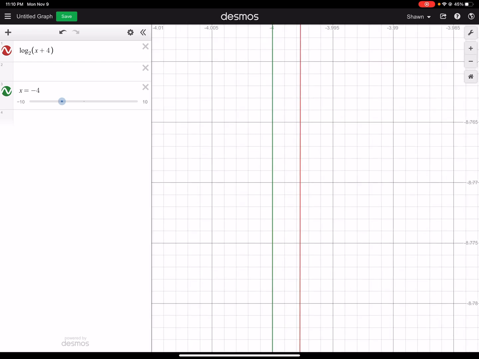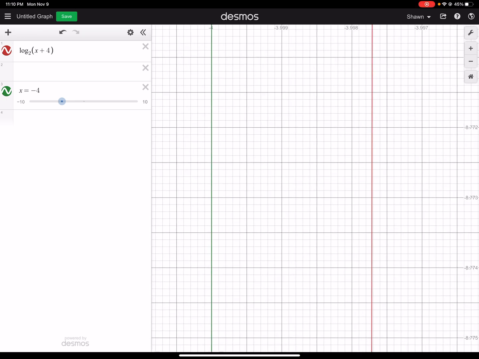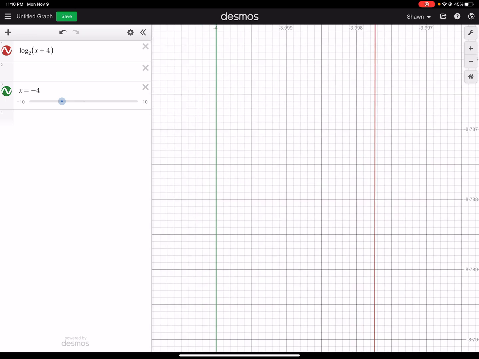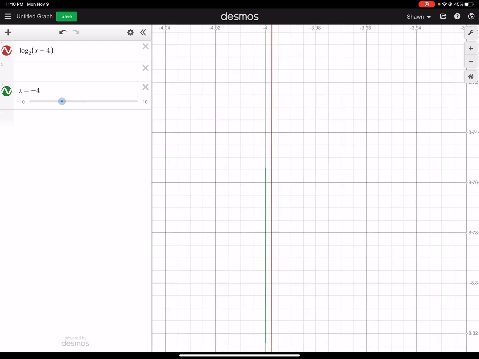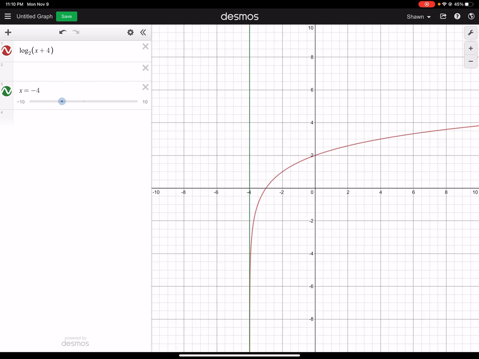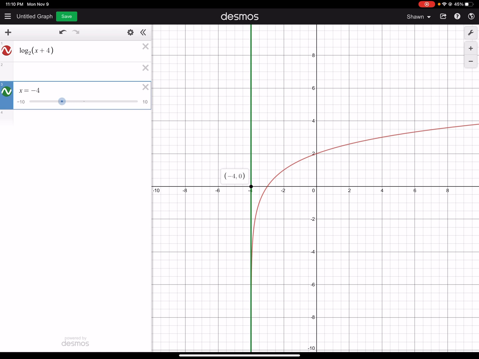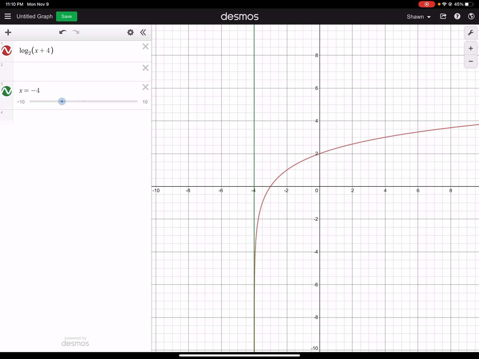And if we ever get into a bind, we can just zoom in more, go down further, and it will slowly forever go to infinity and forever get closer to that green line. But that shows us that from negative 4 all the way to infinity, we have red dots. And because of that, that is where that function's defined.